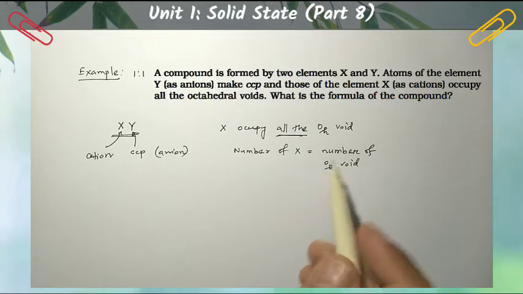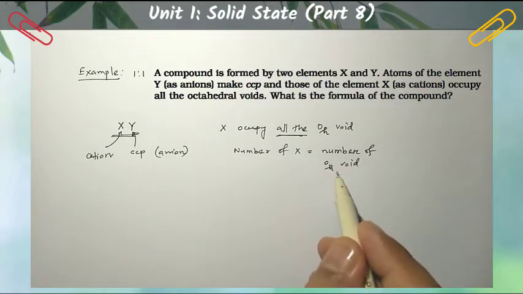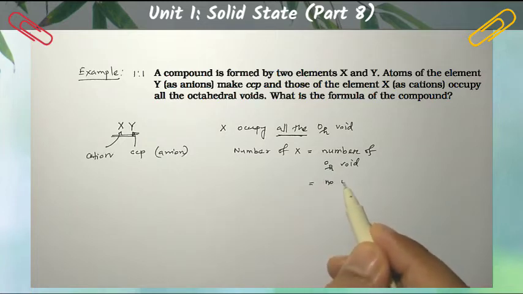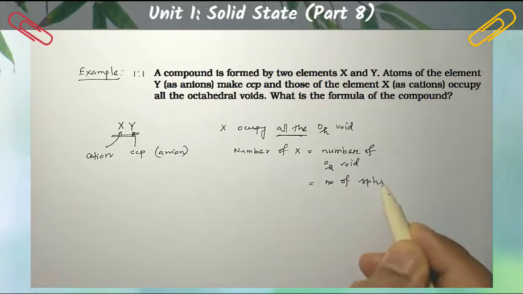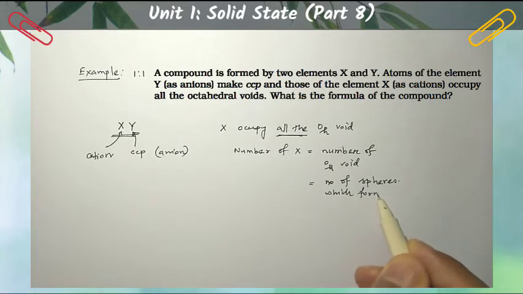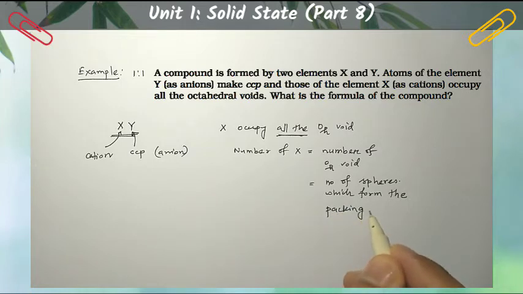Understand? Again we know that the number of octahedral voids is equal to the number of spheres which form the packing structure.